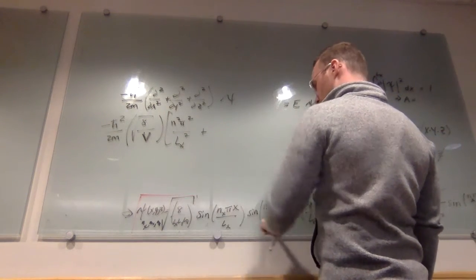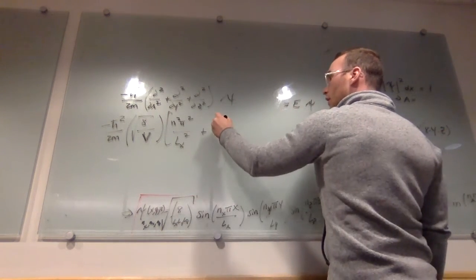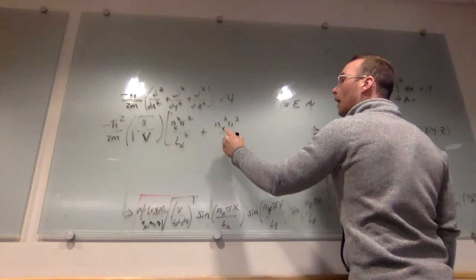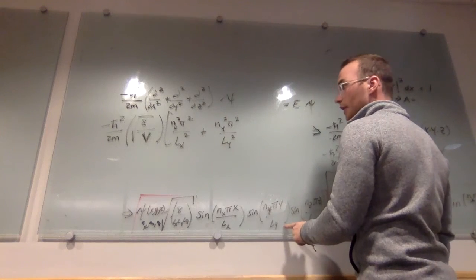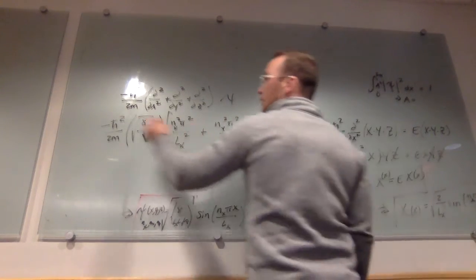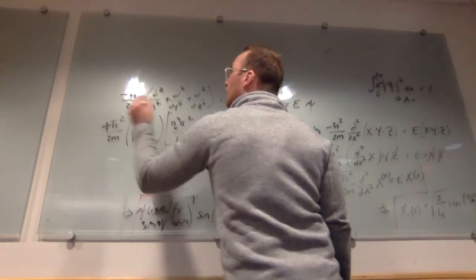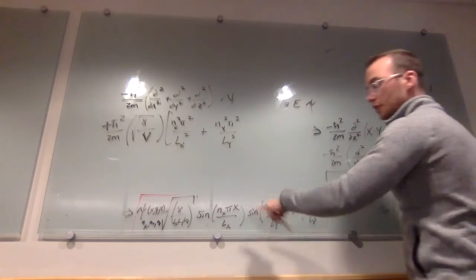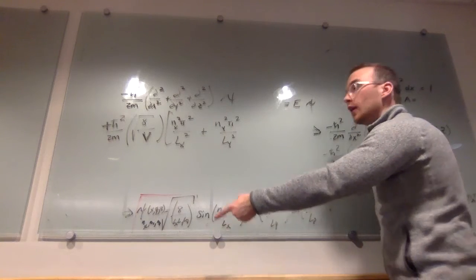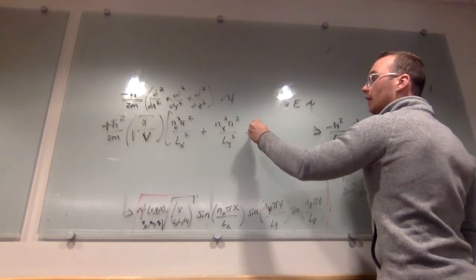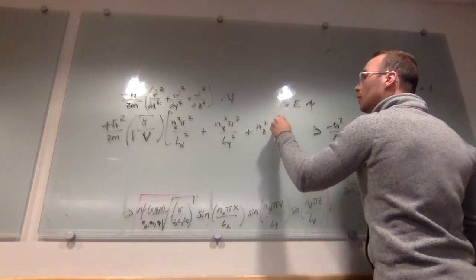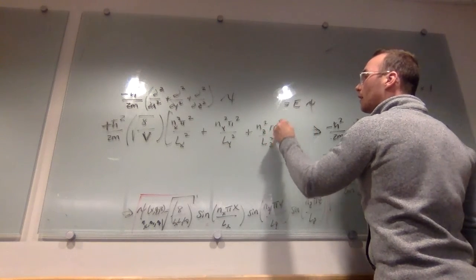Now we get the second derivative of this, and sorry, this is an x, and ny squared pi squared over Ly squared. The second derivative has a plus sign. I didn't forget about the functions themselves, though, because when we take second derivatives, we still get back the whole function. And then nz squared pi squared over Lz squared.